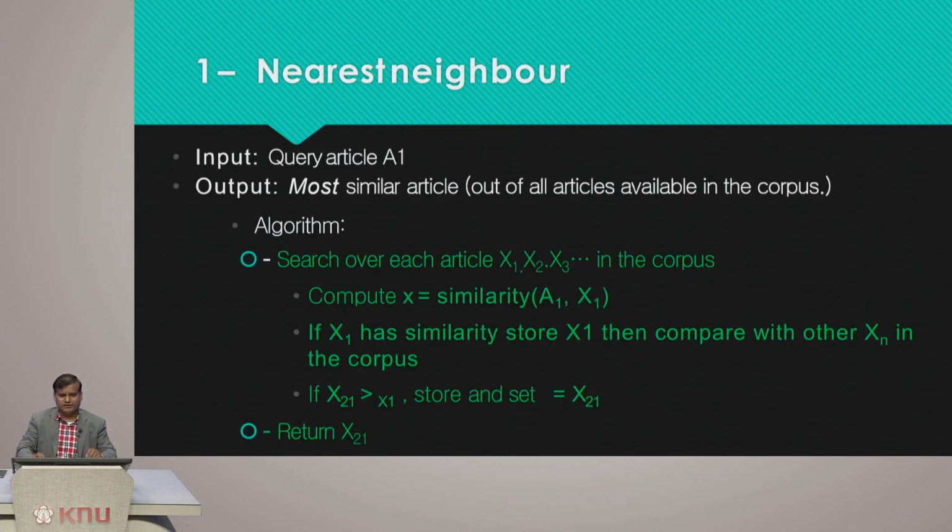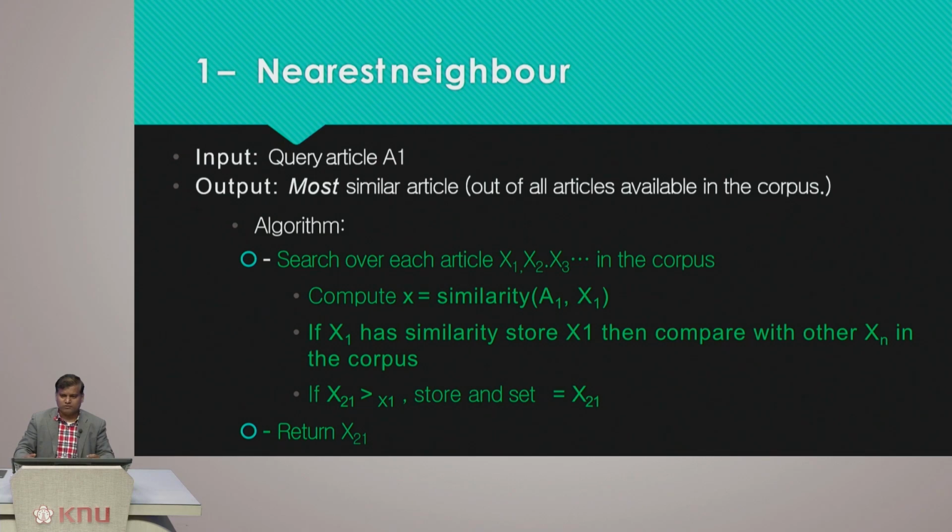Let's see this simple algorithm for the nearest neighbor. Given a document, for example an article A as an input, you're asked to find the most similar article out of all the articles in this corpus.